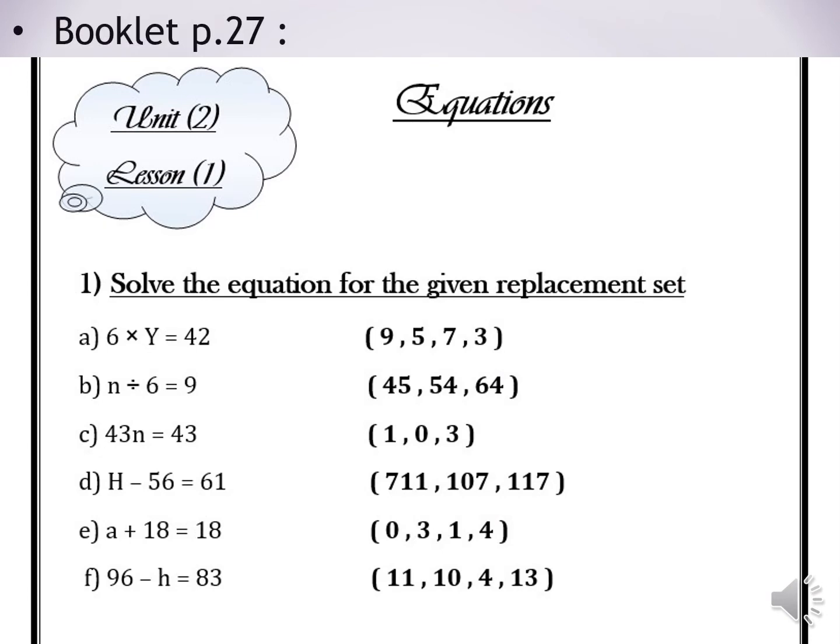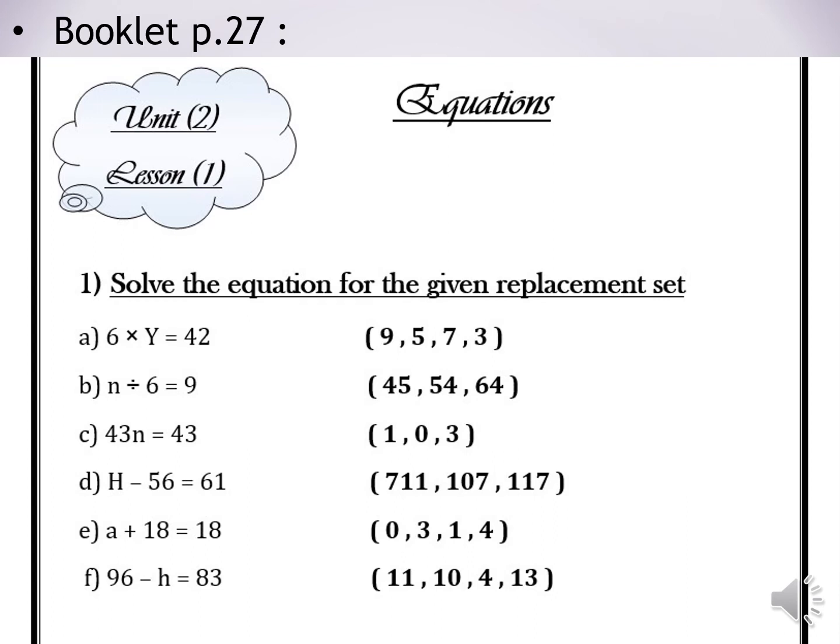Okay, open your booklets at page 27 and let's solve the equation for the given replacement sets. In letter A, I have 6 times y equals 42. I want to find the value of y. Solve the equation means find the value of the unknown or the letter.